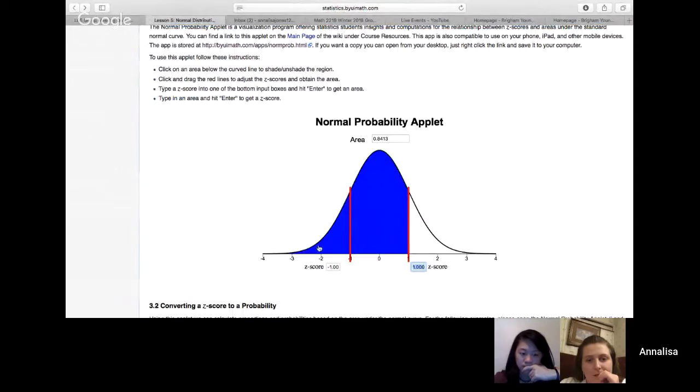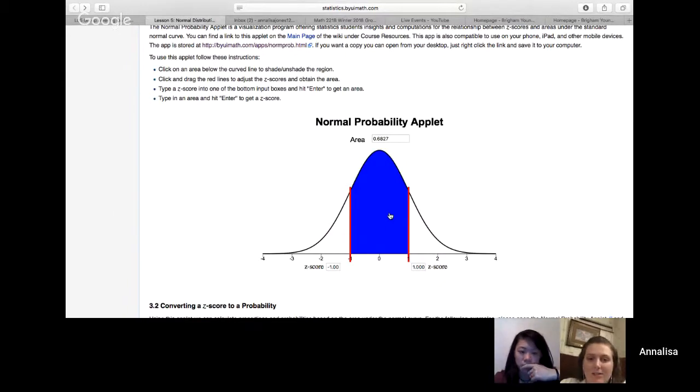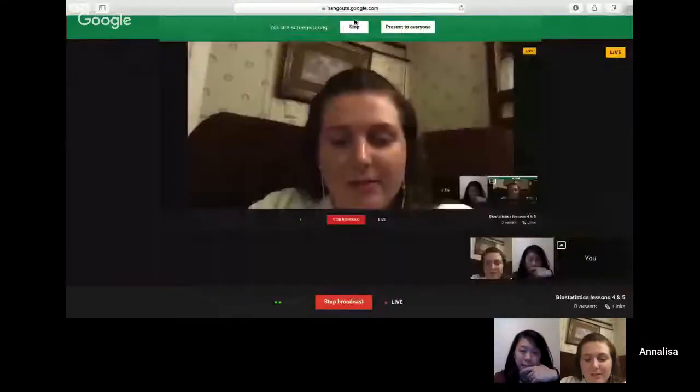If we take this total area and subtract this area from it, that'll give you that. Or I guess we could just click on the middle one. That's a lot easier. I should have thought of that before. So it would be 0.683. Yeah, exactly.